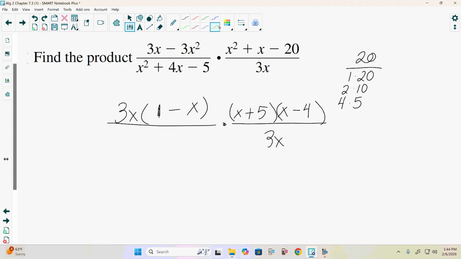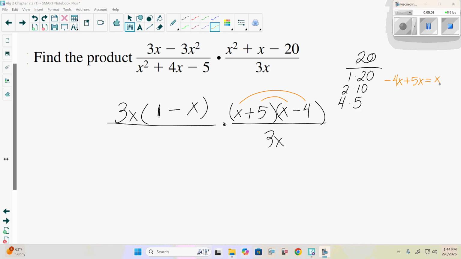And again, just like with factoring, we can check it off to the side and make sure we have the correct factors. x times negative 4 is negative 4x. 5 times x is positive 5x. And negative 4x plus 5x, all right, so we have a positive 1x.